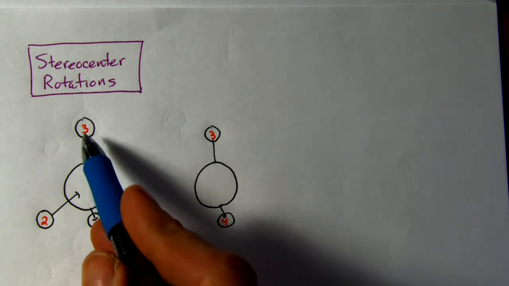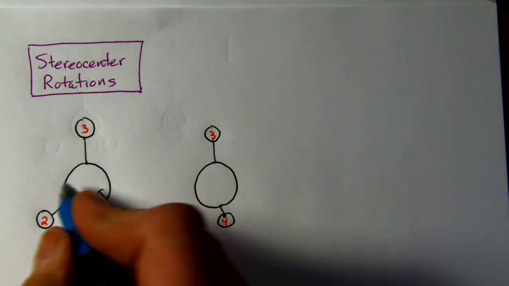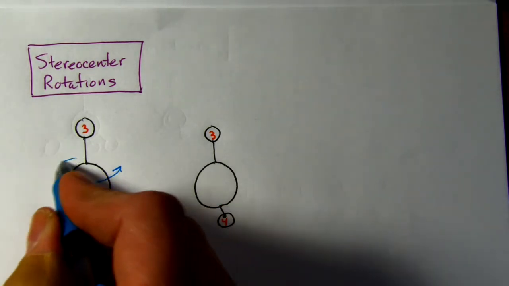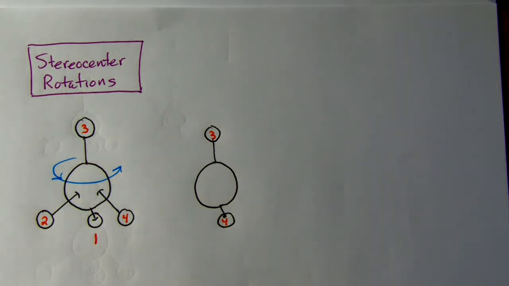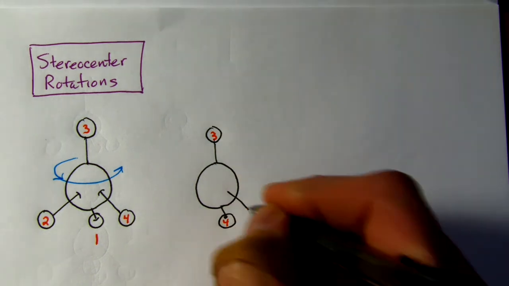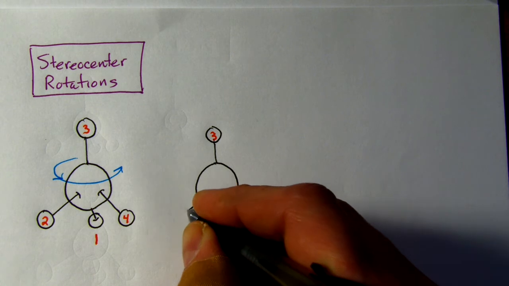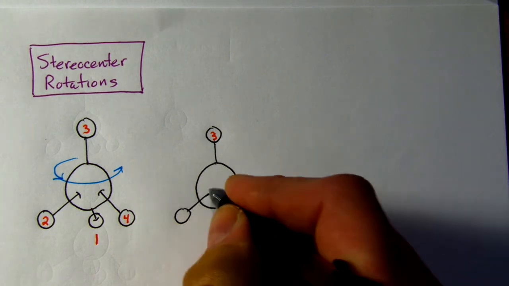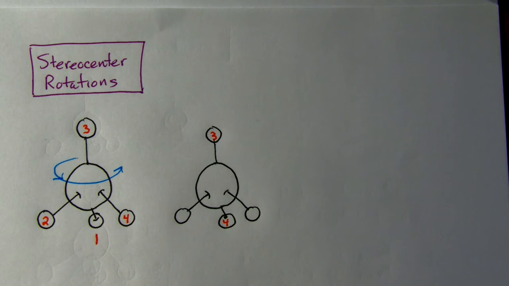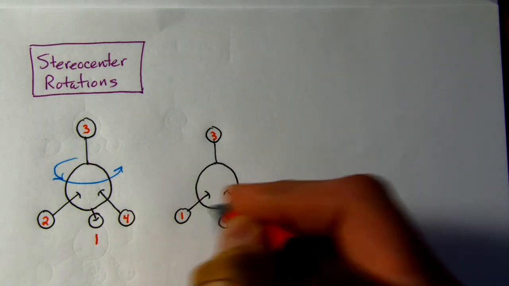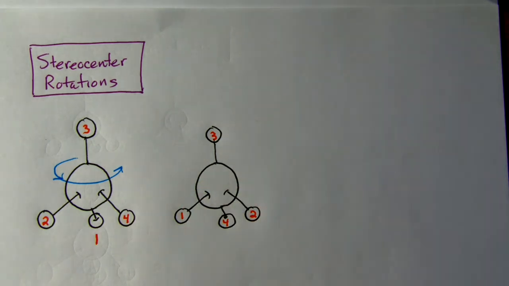In other words, we grabbed the 3 and we just rotated the front of this like that. Okay, and so now you can see 4 goes in the back, 2 goes to the right, and then the 1 now comes out to the front. And so that is another simple example about how to rotate something so that you can get the correct priority.